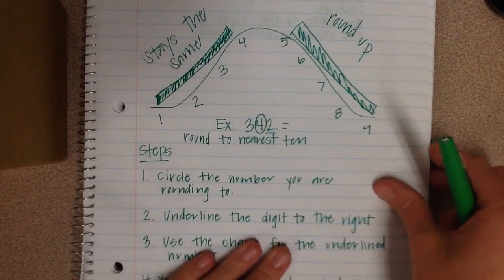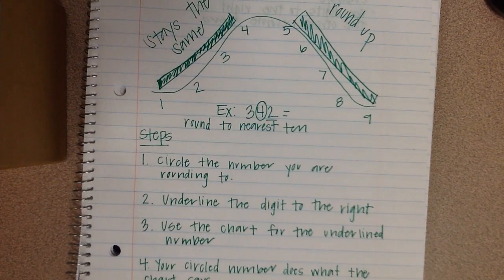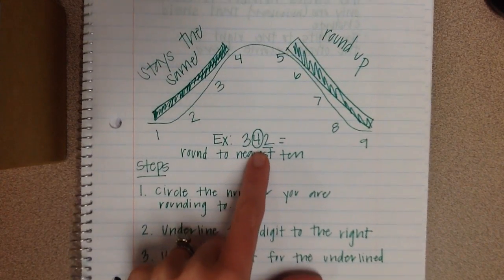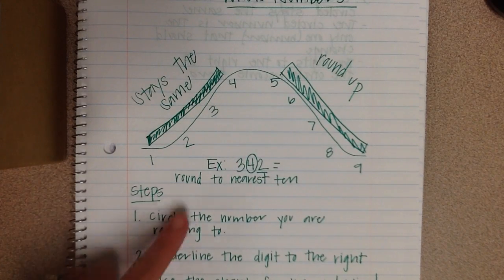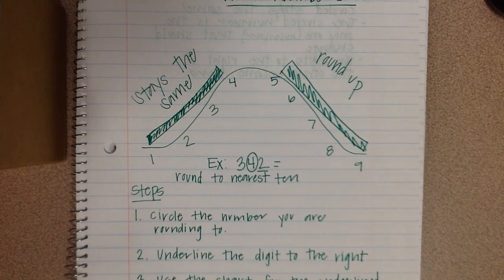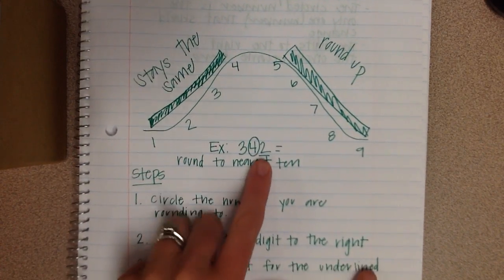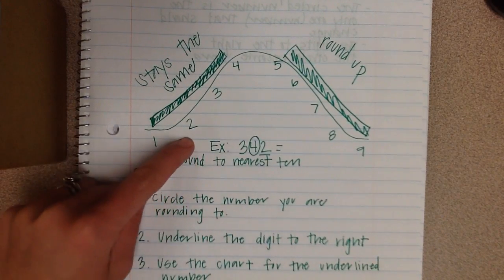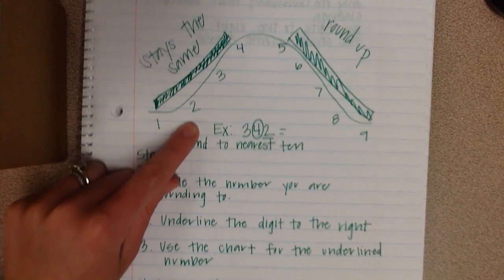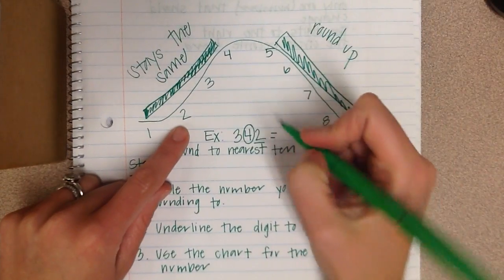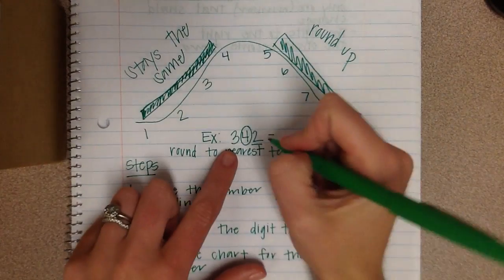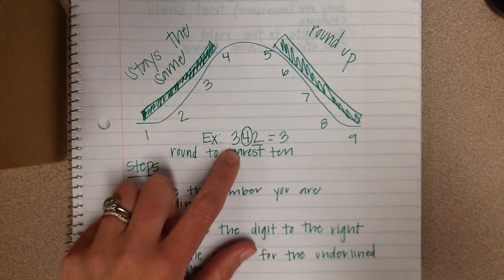But I'm going to flip back here. It says your circle number does what the chart says. So use the chart for the underlined number. My underlined number is a 2. The chart says stay the same. So as I saw in number 5, everything before the circle stays the same, so I'm going to put a 3.